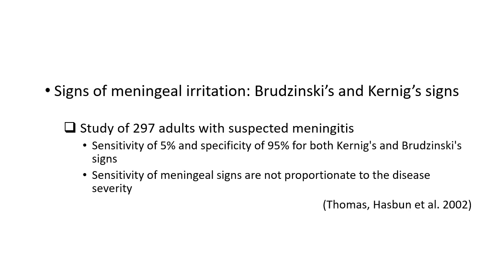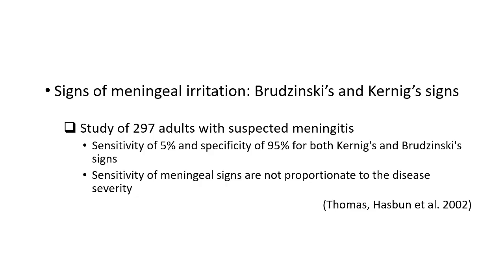However, when we refer to Brudzinski's and Koenig's sign, another study was done, 297 adults with a suspected meningitis, that showed there was a sensitivity of 5% and a specificity of 95% for both Koenig's and Brudzinski's signs. So this means that these tests are very bad at ruling a meningitis out.